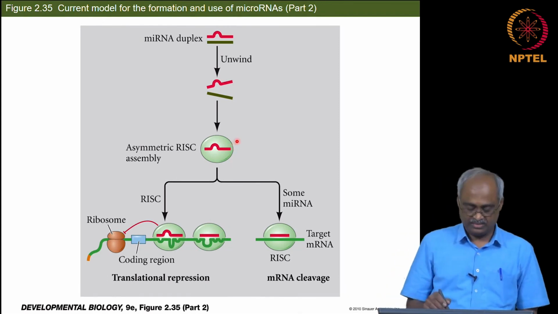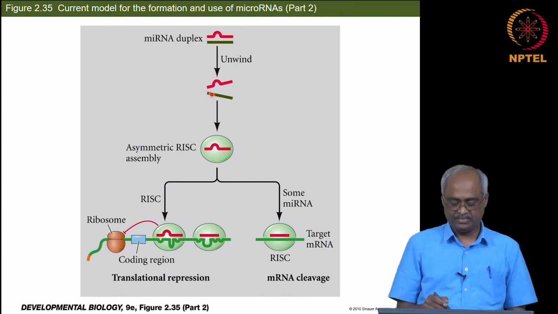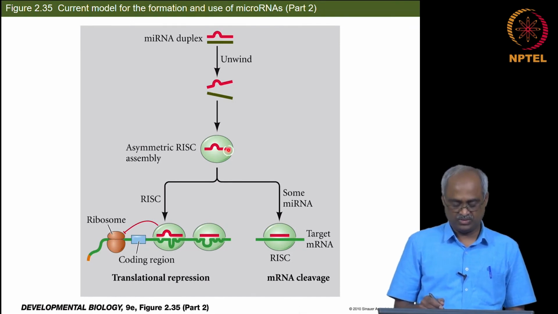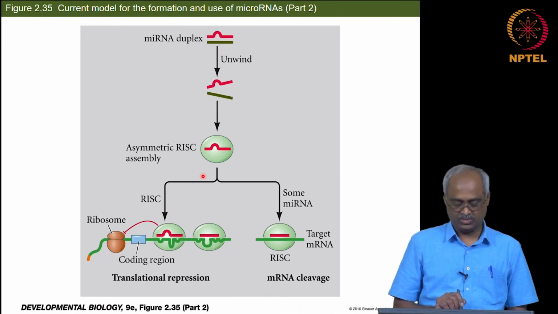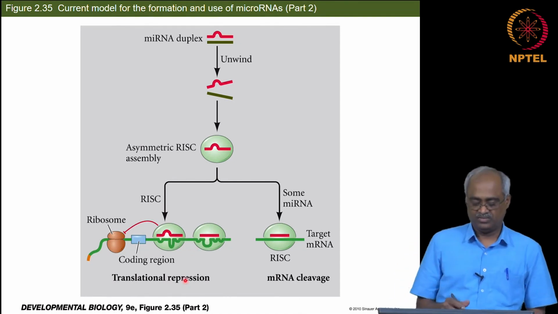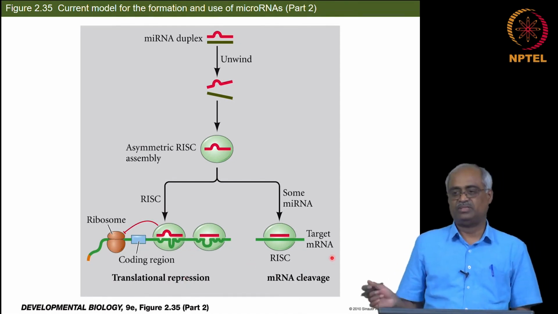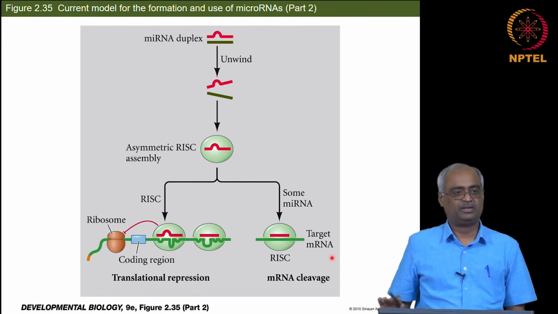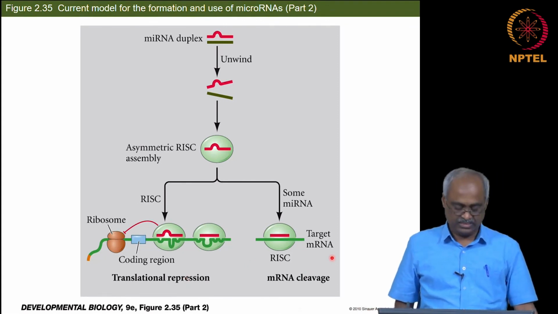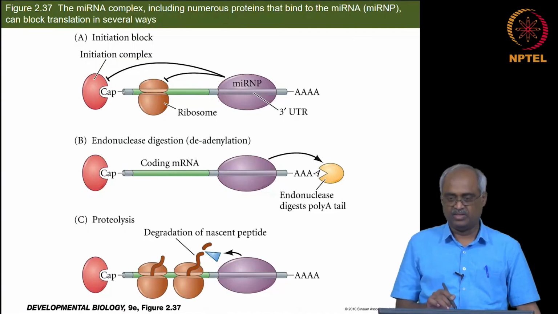This RISC complex takes one of the 2 strands of the miRNA duplex and uses that to identify the target sequence, goes there and binds to it, and binding can have multiple consequences. One of them is that the RNA gets cleaved and its stability is reduced dramatically.